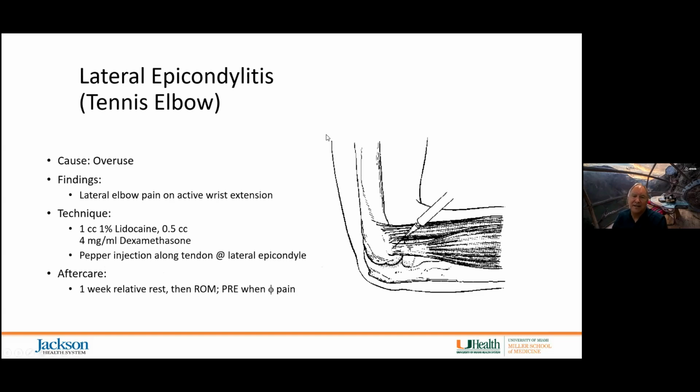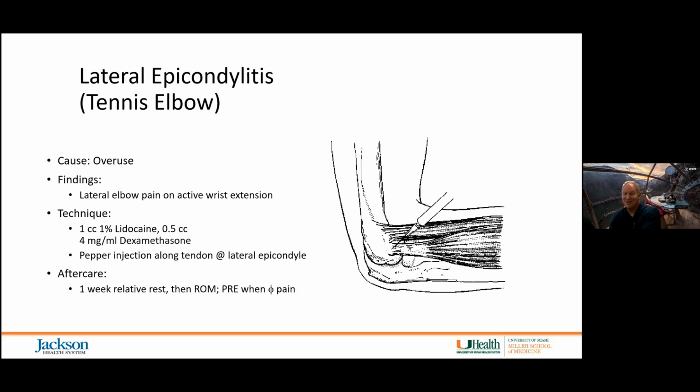Lateral epicondylitis, so tennis elbow, is often seen in our folks as well. And so this is one you have to be a little bit careful with, using a relatively small dose. You're going to pepper the tendon at the lateral epicondyle, and ideally use a tennis elbow strap to take off the pressure, at the point of the origin and then the insertion.